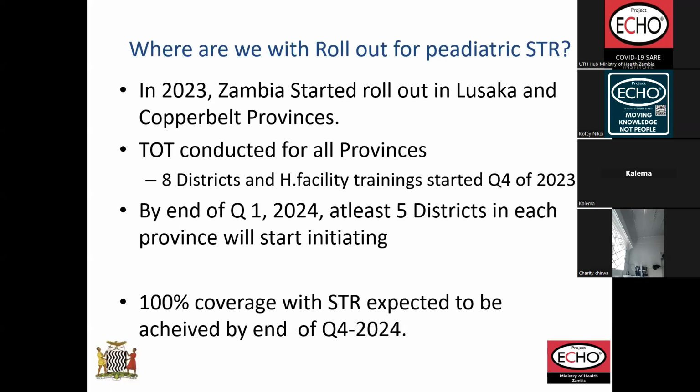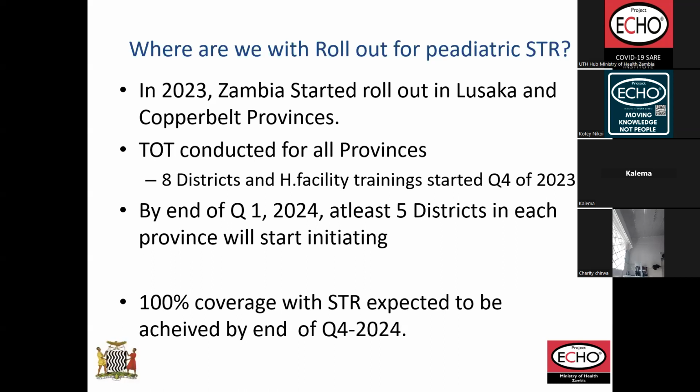We started with Lusaka and Copperbelt, where we targeted districts. We also conducted training of trainers for all provinces, so that we now have a pool of specialists within the province that can cascade these trainings further down.